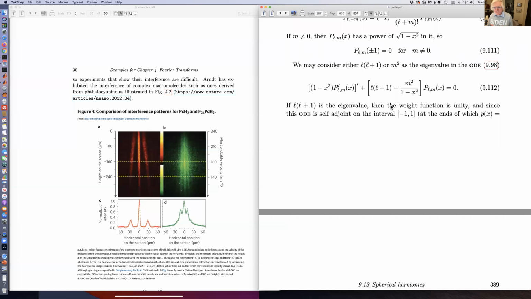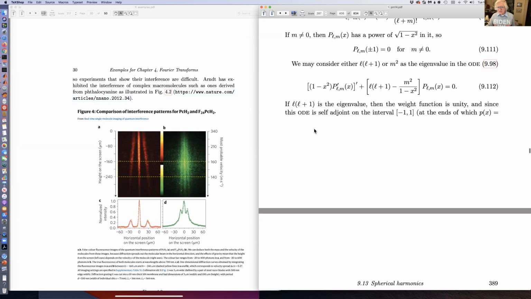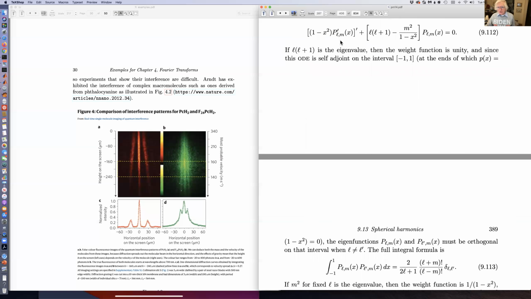Now, our self-adjoint differential equation for the associated Legendre polynomials is this. And looking at it, you can say, well, we could regard L(L+1) as the eigenvalue. In that case, the weight function is unity, and this ordinary differential equation is self-adjoint on this interval.